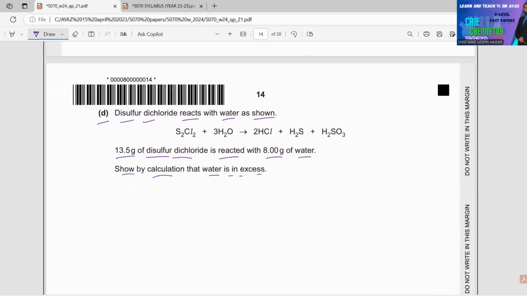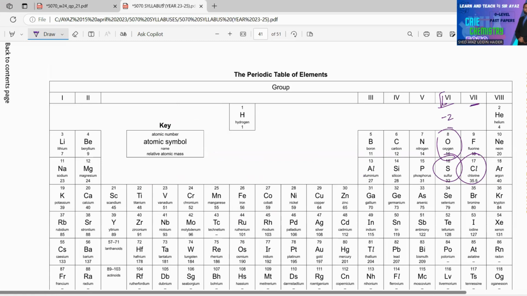Convert these masses into moles. Now I'm converting these masses into moles. So I need Mr of both the compounds here, S2Cl2 as well as H2O. So Mr of S2Cl2, sulfur is here, 32 is its mass number.